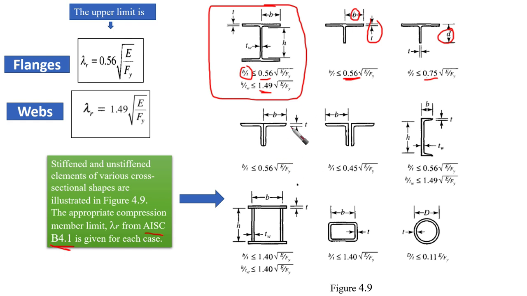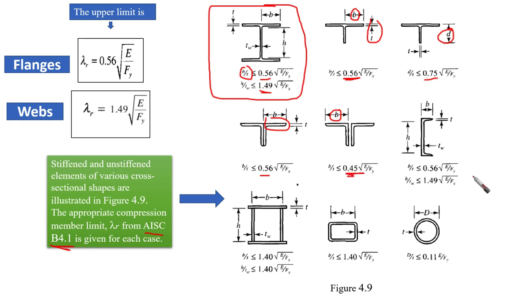For angles, for example, b over t for this leg is going to be 0.56 times the radical. If they are back to back, seems to be welded here. Here it seems that they are a little bit far from one another. b is going to be measured, as you can see here, and it is going to be 0.45 radical.